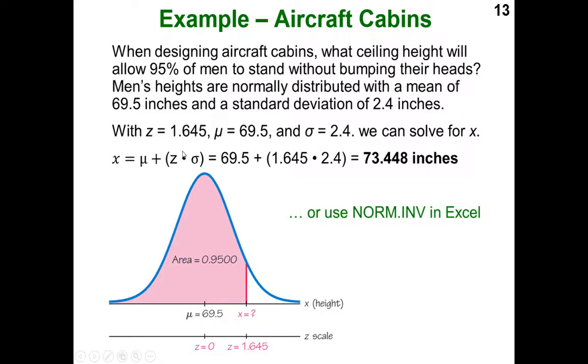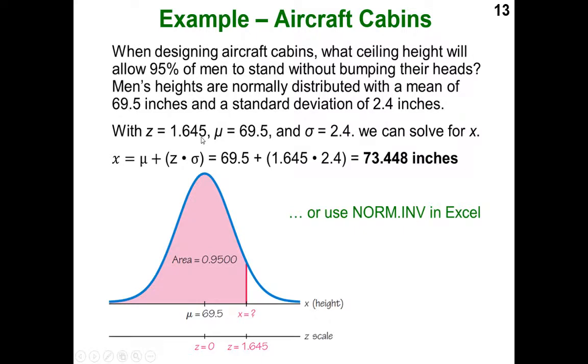You can use the table in the book to figure out that if we're looking for 95%, that Z is going to be 1.645. How would we find that? Well, we would use the norm inverse function in Excel. The norm inverse function in Excel would give us that Z is equal to 1.645.